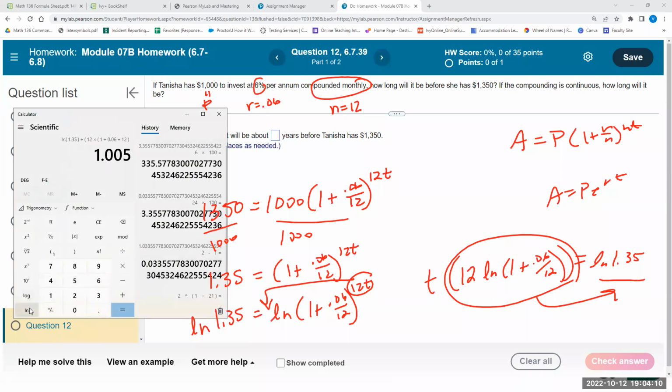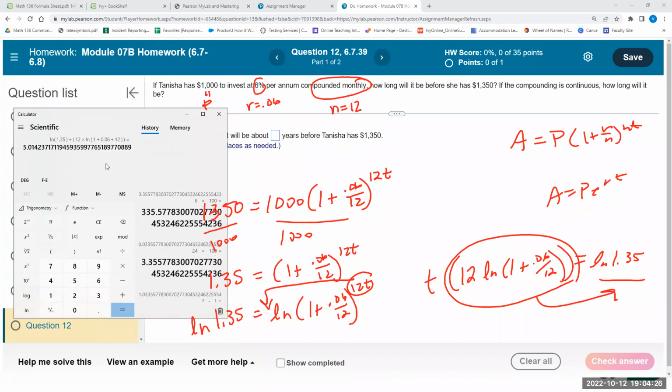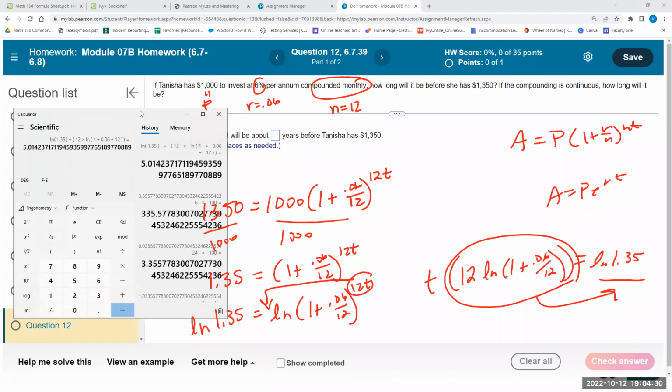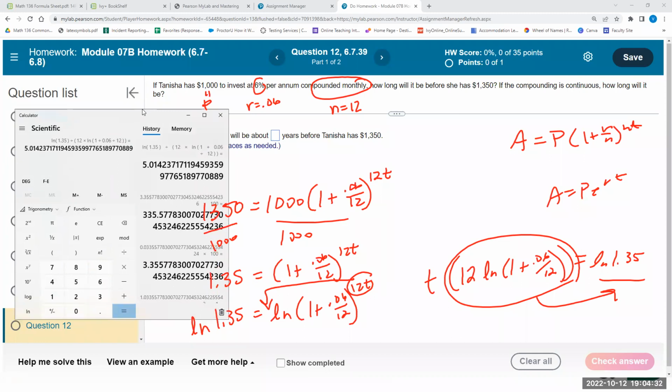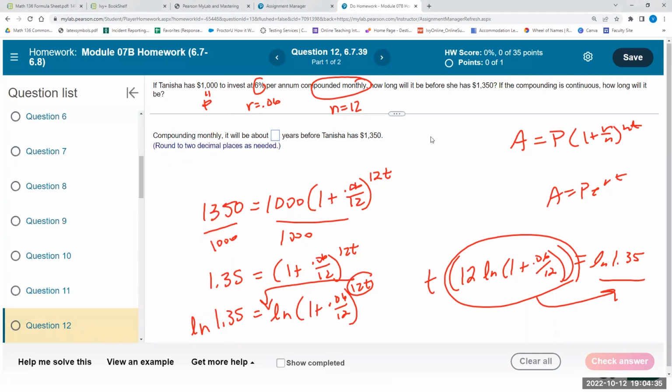On most calculators you would do the ln first and then put what's going into the ln, but on this computer calculator, you should get something that looks like this: ln of 1.35 divided by 12 times ln(1 plus 0.06 divided by 12). And so that comes out to 5 point, let's see, what are we rounding to? 2 decimal places, so 5.01.